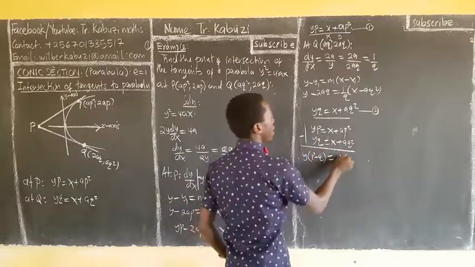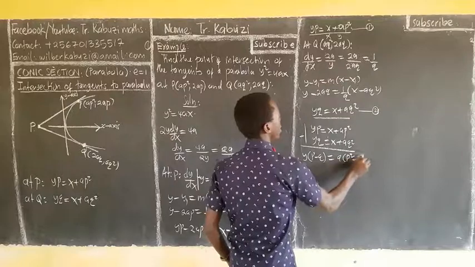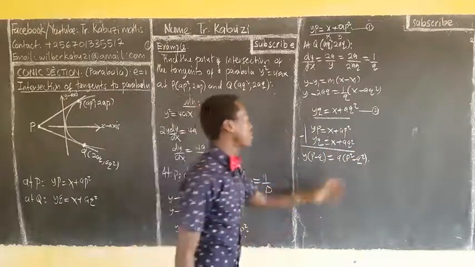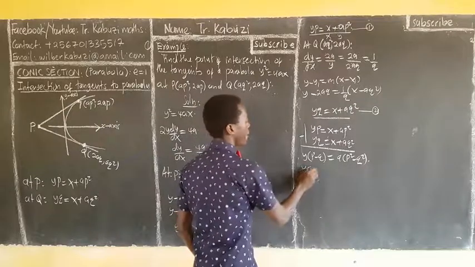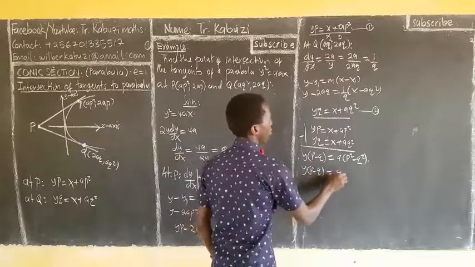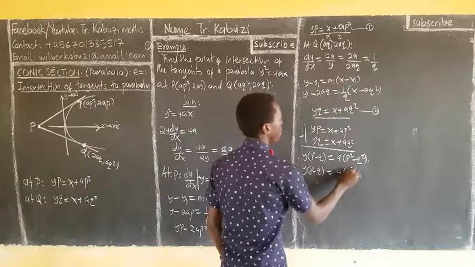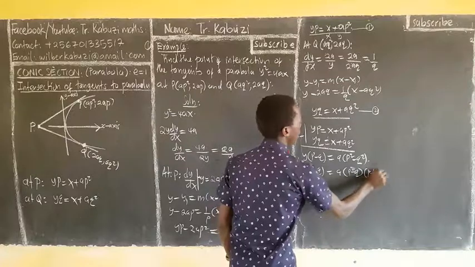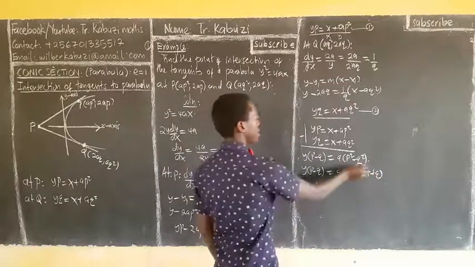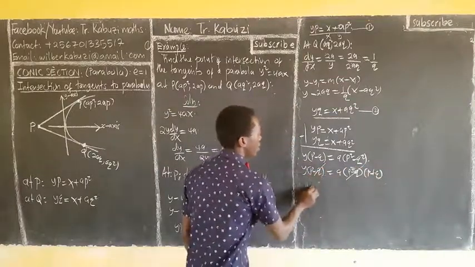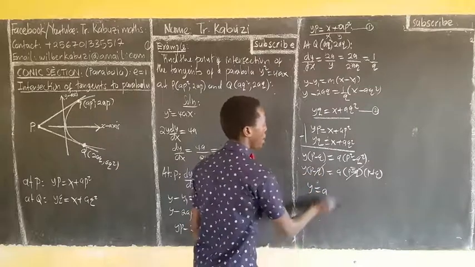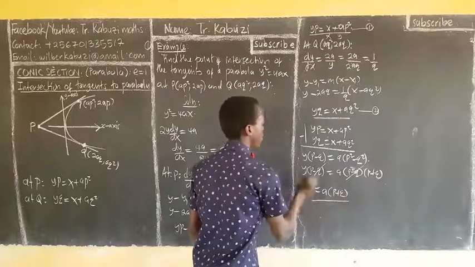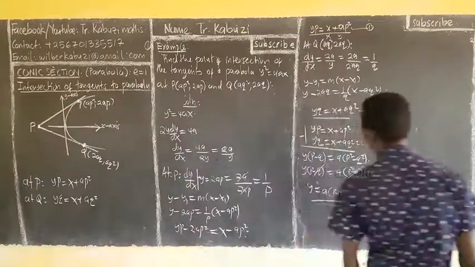I have a common, p squared minus q squared, and subtract this from this. Now the difference of the squares, I have y(p minus q) equal to a into (p minus q)(p plus q). And with that difference of the squares, this one goes, so that our y is a into p plus q. So this is the value of y at the point of intersection.